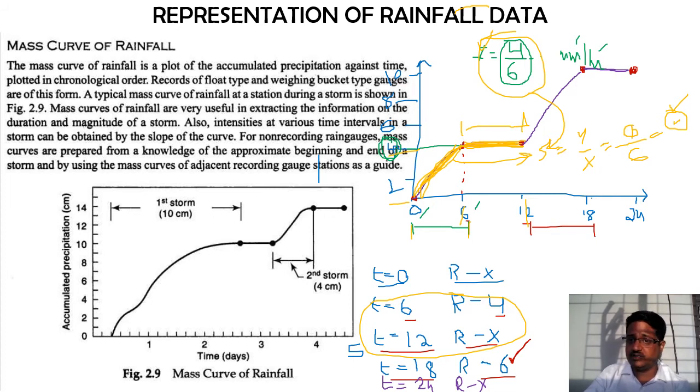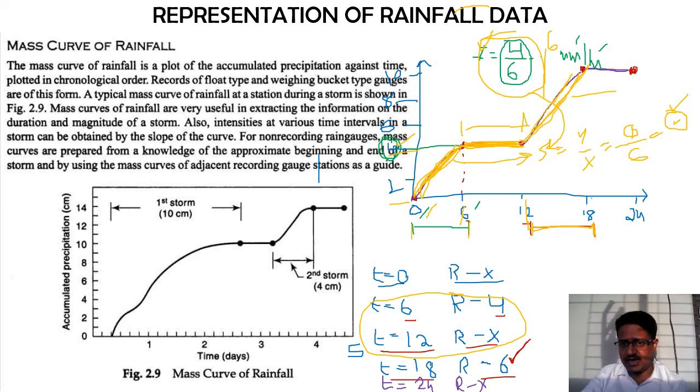Now similarly from 12 hour to 18 hour, the next section, the amount of rainfall occurred is more than what we have seen from 0 to 6. 0 to 6 it was only 4, but from 12 to 18 hours it is 6 mm of rainfall. So having that in mind, again you can take the slope of this line.